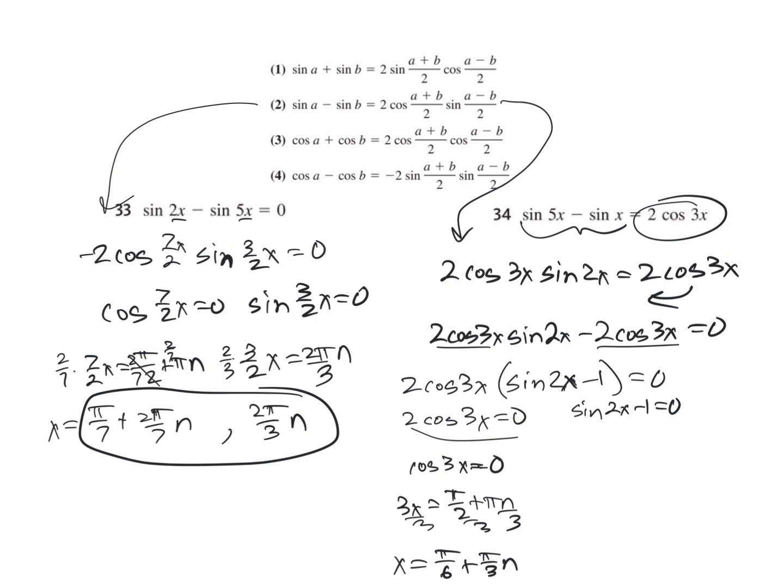Now, sine of 2x minus 1, add 1. You get the sine of 2x equals 1. All right, so now, where does the sine equal 1? Sine equals 1 only at pi over 2 plus 2 pi n. So now we're going to divide everything by 2. x equals pi over 4 plus pi n. Those are your answers.